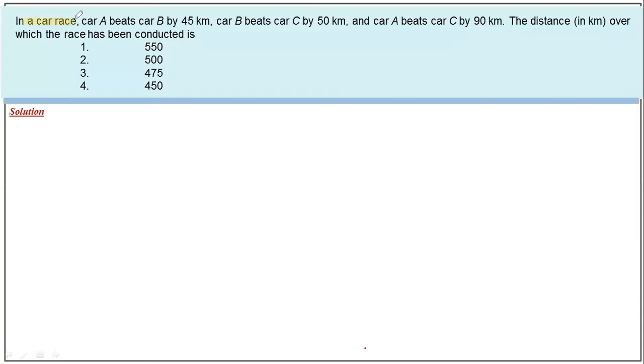In a car race, car A beats car B by 45 km, car B beats car C by 50 km, and car A beats car C by 90 km. The distance in kilometer over which the race has been conducted is which of the following? So let the distance of the race be equal to d.